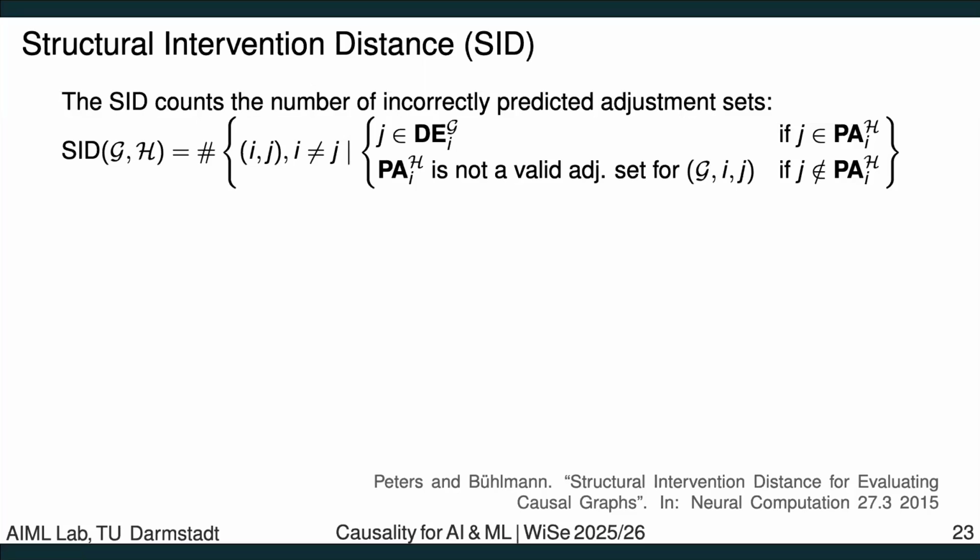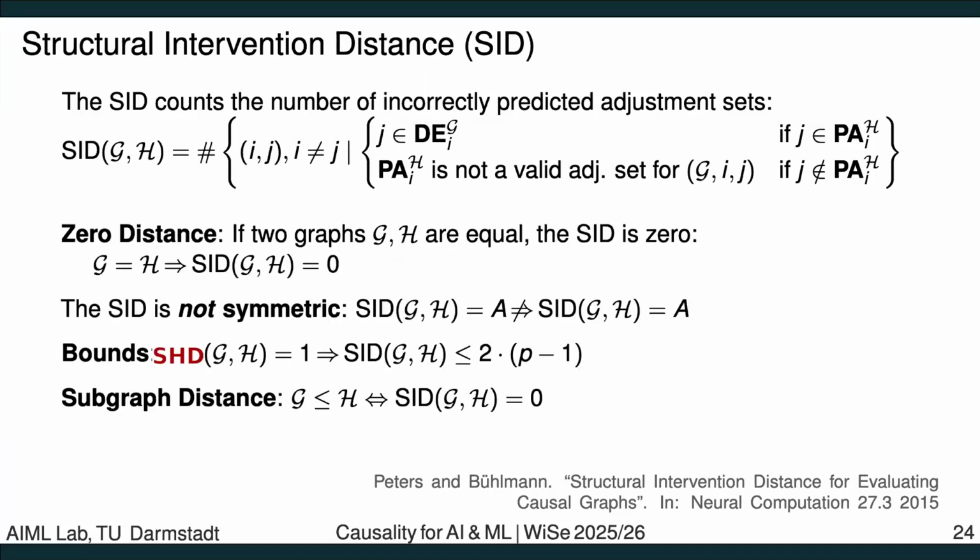Instead, it looks at all these pairs of variables and asks: what are the parents in the ground truth graph for this one variable, and is this still the case in the predicted graph? So basically it compares these two sets and then checks whether these sets in both graphs are valid adjustment sets.